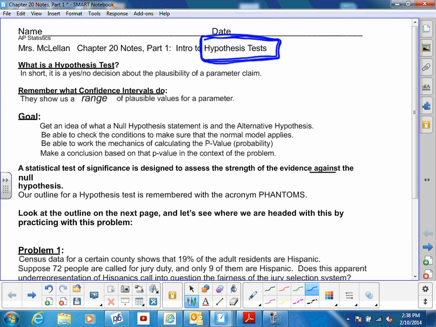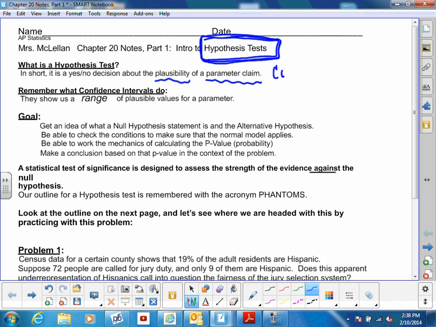In short, somebody's going to claim something for a parameter, maybe the average miles per gallon of a new model of car. You are then going to collect a sample, and from that sample, decide if the claim is plausible.